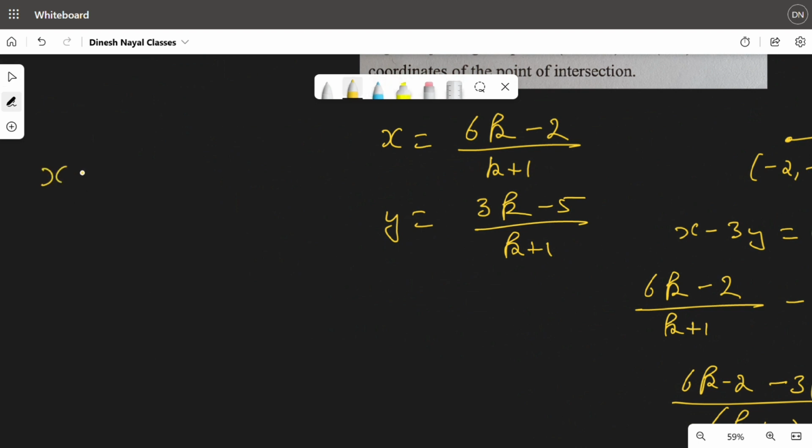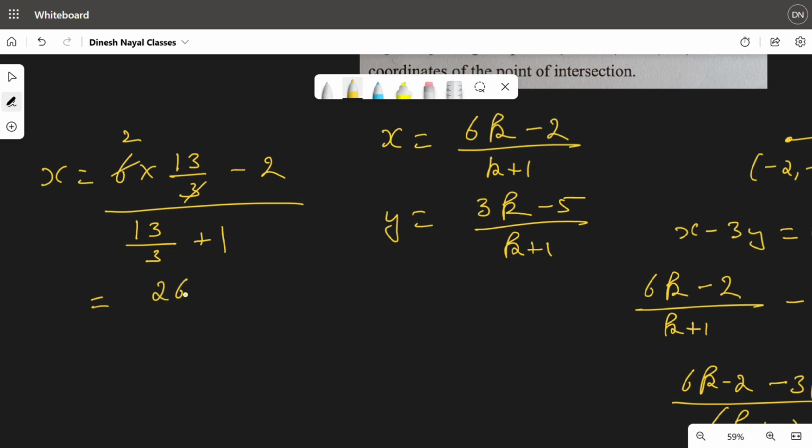So x will be (6 into 13 by 3 minus 2) upon (13 by 3 plus 1).